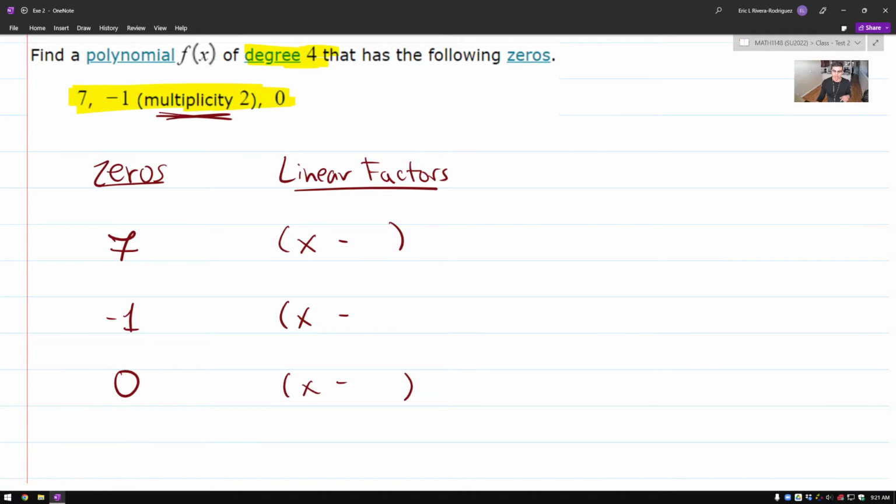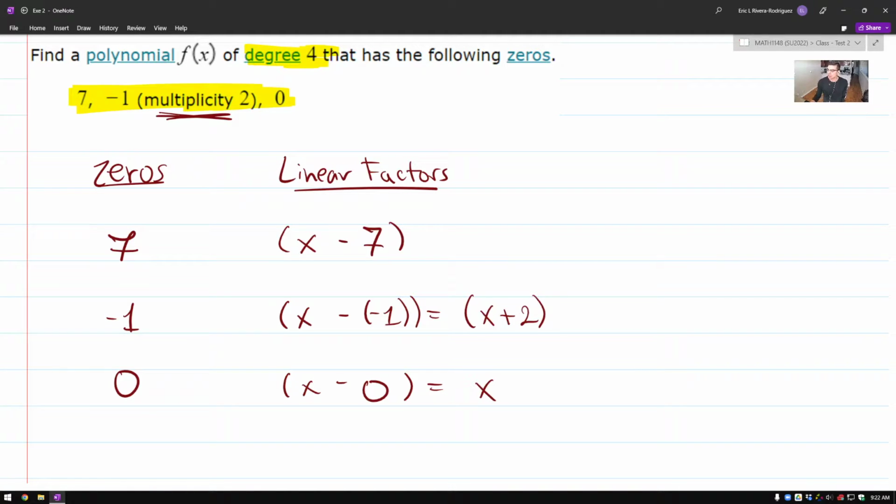We plug in the values that we have as zeros. So x minus 7, x minus -1, careful with the negatives. In this case, we need to simplify. x minus 0, here we simplify because the 0 gets cancelled.